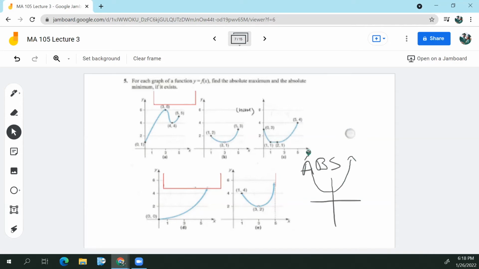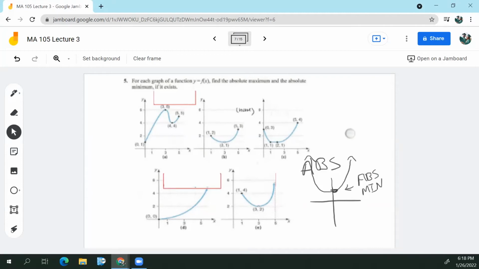In this function, this is an absolute minimum. Just like any other minimum, the function is going from decreasing to increasing. It's the bottom of the valley, but it's absolute because there's absolutely no point on this function that is less than that. Well, it's called an absolute min.